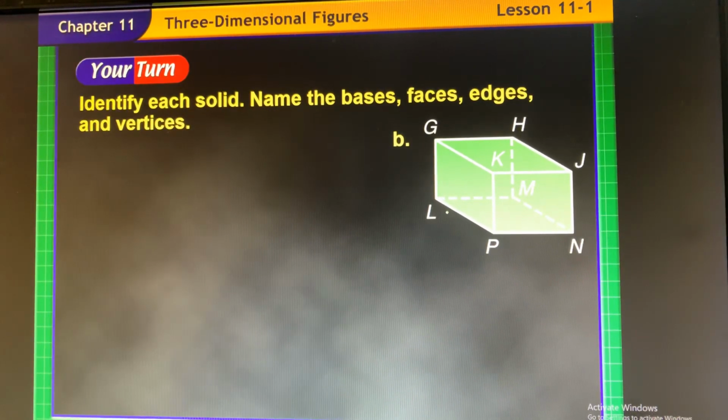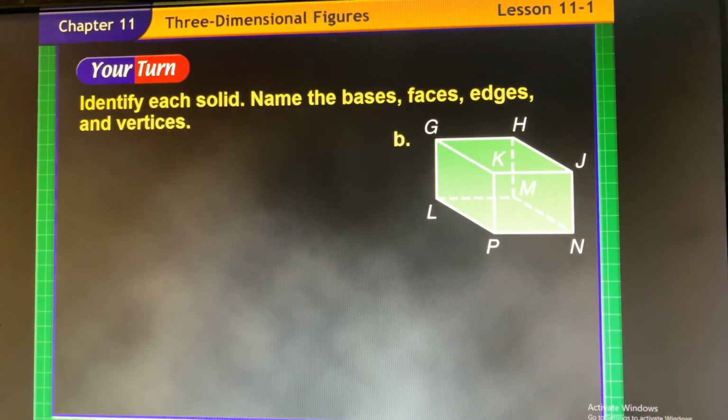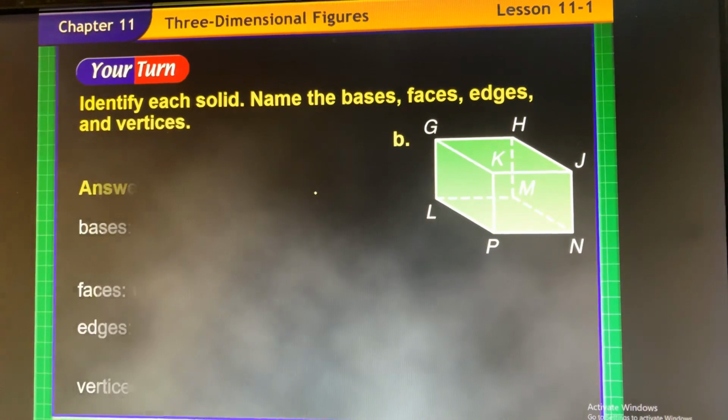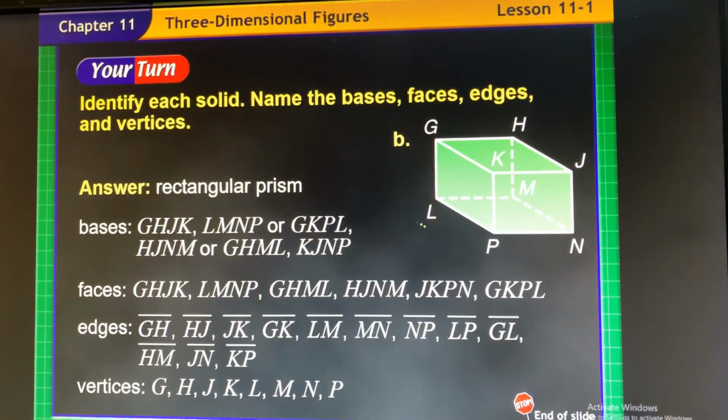So knowing that I have 4 sides, I would do 4 times 3 to know that I'm going to have 12 edges. And then the vertices are easy to do. I have 4 on the bottom and 4 on the top. So I have 8. And my faces are my bases because I don't know on a rectangular prism which is the base. So there you go. It's a rectangular prism.